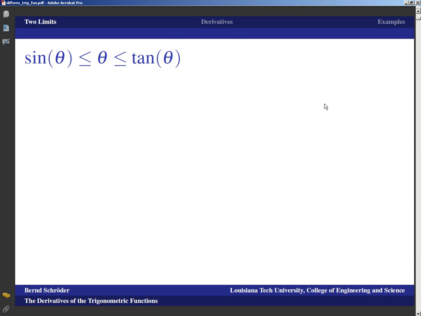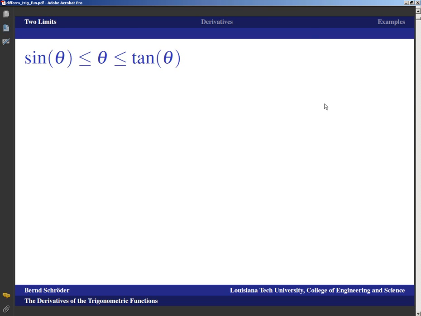Now that looks horribly abstract, but this is the kind of inequality that every so often you will need in a physics class, for example, for certain kinds of estimates. And the geometric derivation that we're going to see on this panel somewhat has a physics type feel to it, because you have to draw the picture, do some auxiliary lines, put in some angles, and then get the inequality out of that picture, which is very similar to what you sometimes have to do in a physics problem, say in a force balance diagram, where you just have to draw some auxiliary lines to ultimately get some relationships between your vectors.